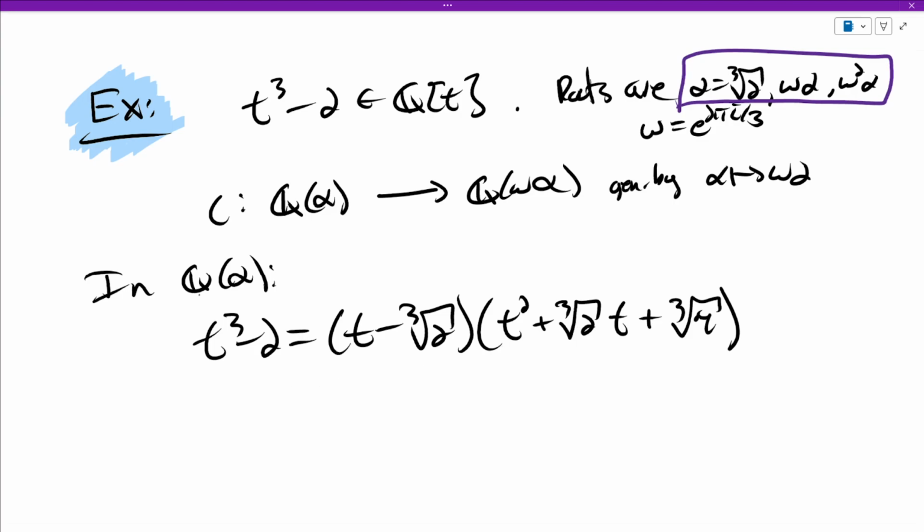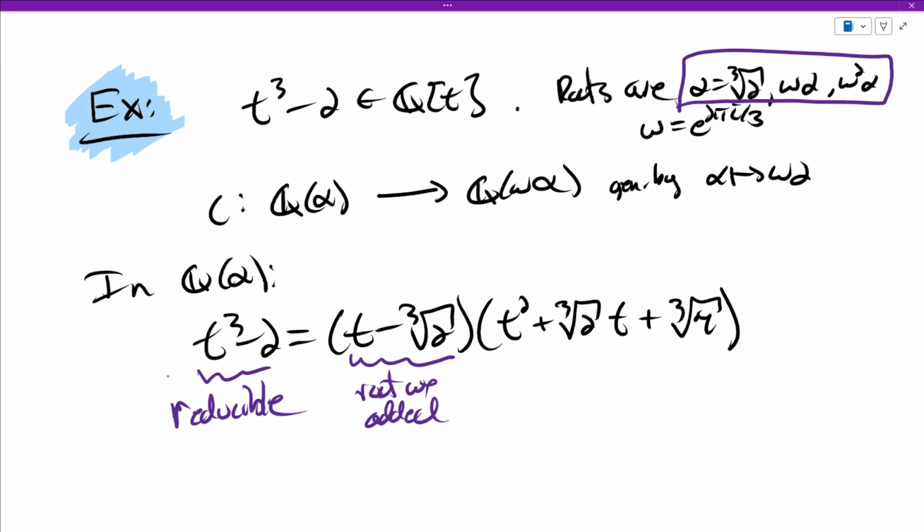Great. So once we allow ourselves the cube root of 2, t cubed minus 2 becomes reducible, right? It's no longer irreducible. Here's the root that we added. And then here is some other part where we're going to find the roots of this are omega alpha and omega squared alpha.